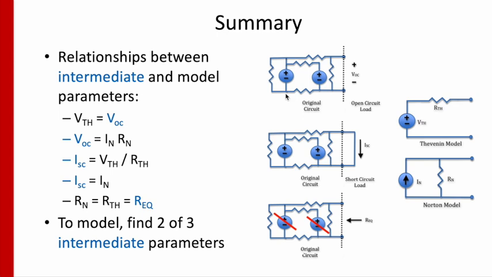You see the original circuit and the port with each of the three intermediate parameters. You see the two models, the Thevenin model and the Norton model, and you see these relationships in between the intermediate parameters and the model parameters that we need. Once again, we only need to find 2 out of 3 of the intermediates.